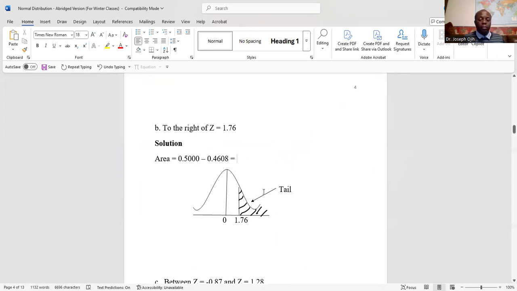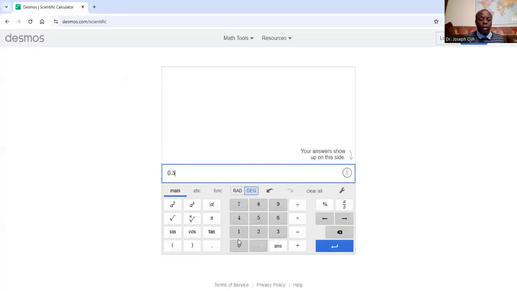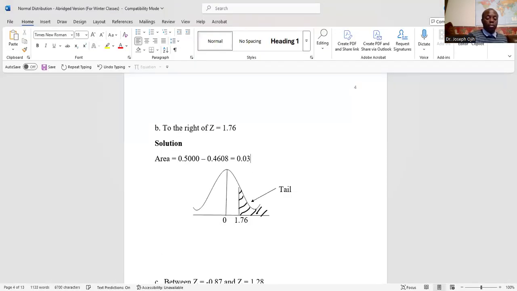You can do this on the calculator. 0.5 minus 0.4608 is 0.0392. Good, put it down: 0.0392. It's the area.